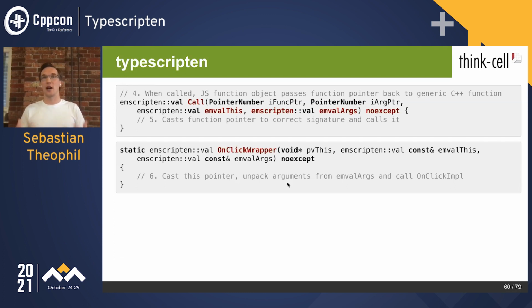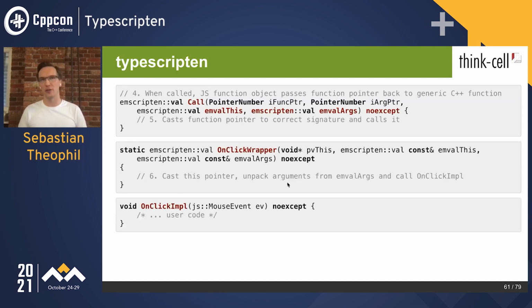It can cast the this pointer to the correct type, and it can unwrap the array of call arguments because it also knows the correct signature of our onClick function. And then it can actually call the user code that we wanted to call. So quite a complicated machinery just to make this work.